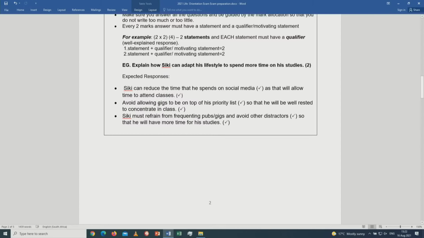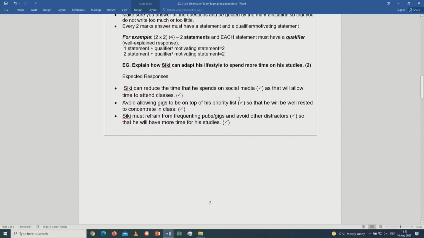So if you only have this 1 response, then you would have gotten 2 marks out of 4. But if you go on to give the 2nd response, because the mark allocation said 2 times 2, meaning 2 answers and each answer equals 2 marks, this is how you are supposed to break down your answer. The 2nd response: avoid allowing gigs to be on top of his priority list.